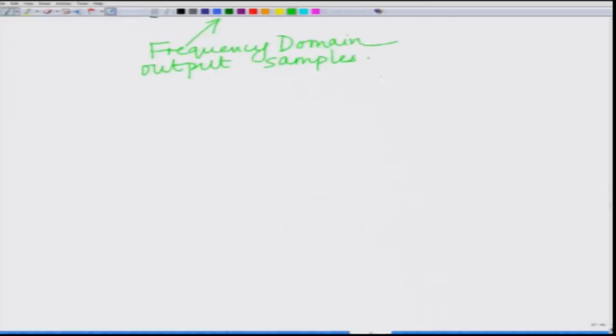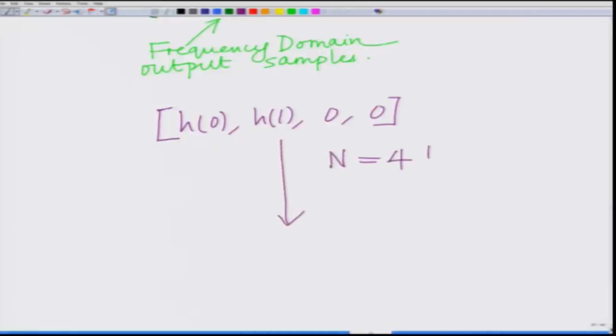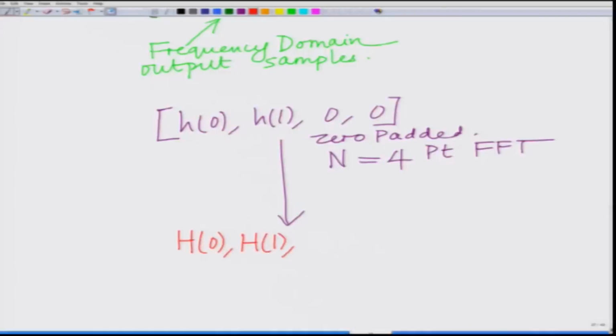Okay. Similarly, now the capital H's are basically the zero padded FFT of the channel taps. You have L equal to 2 channel taps, you pad N minus L zeros, you take the N equal to 4 point FFT. This is the zero padded FFT. You generate the capital H's: H0, H1, H2, H3. What are these?